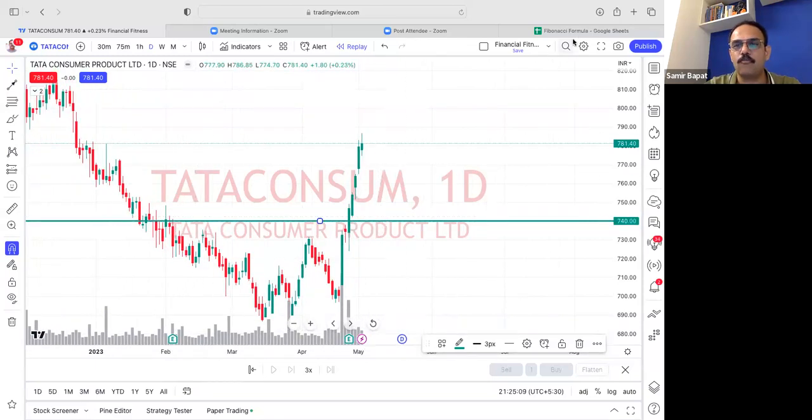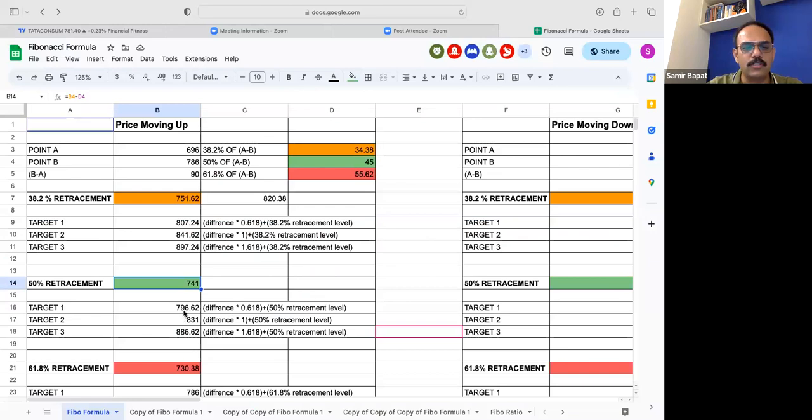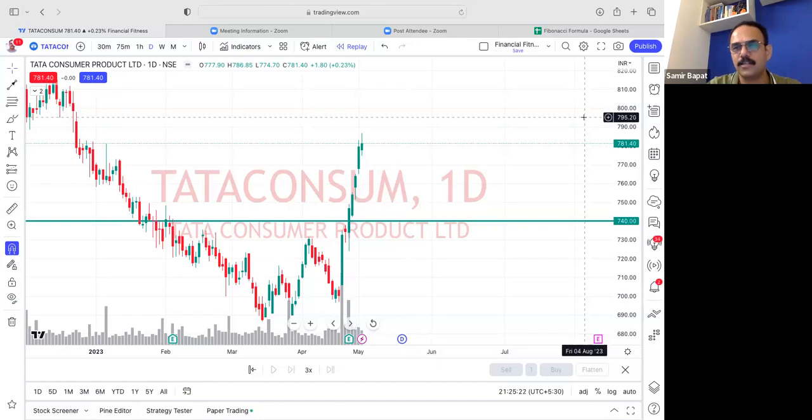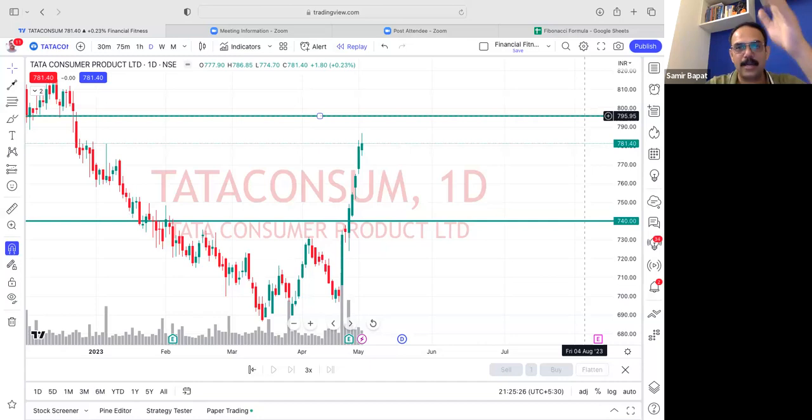So at 741, we can even keep an eye on the 38.2% retracement. If it comes here, how far will it go? It will go 796, 831, 886. So after coming here, it will go till 796, and so on.